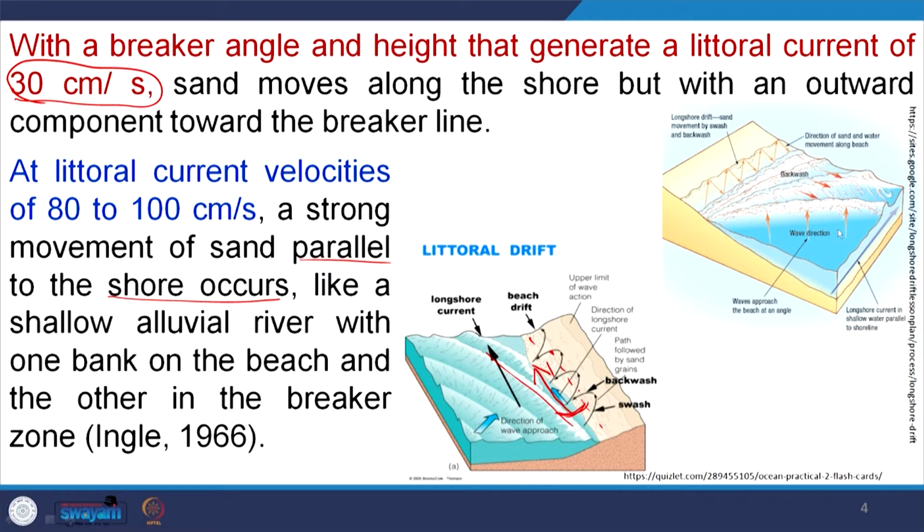So, we conclude that to generate a strong littoral current which will allow sand to move parallel to the shoreline, the littoral current velocity should be at least 80 to 100 centimeter per second.